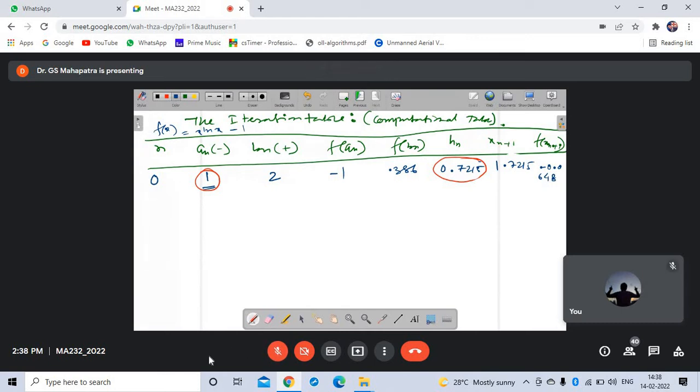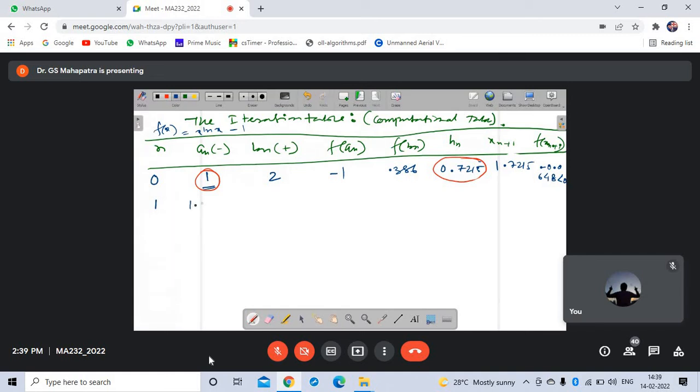But in case of a numerical solution, you should use your calculator properly and do it slowly, don't go in a hurry, it will be a problem for you. That means you will not get your proper answer in the next step also. So now an is 1, it is less than 0, so only the negative part should be replaced. This one is the negative part, this is the positive part. So we have to replace only the negative part.